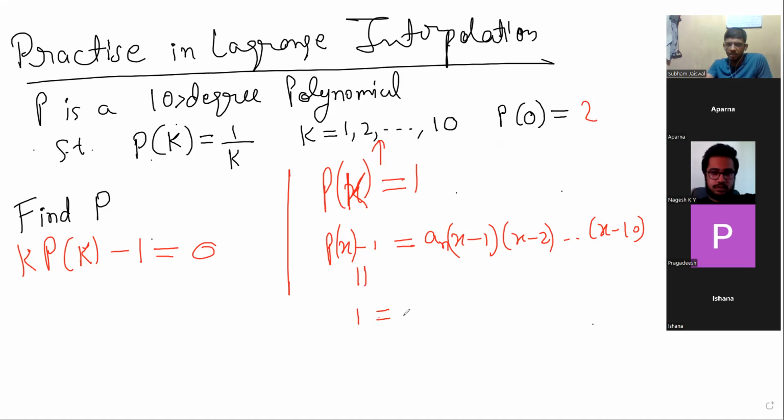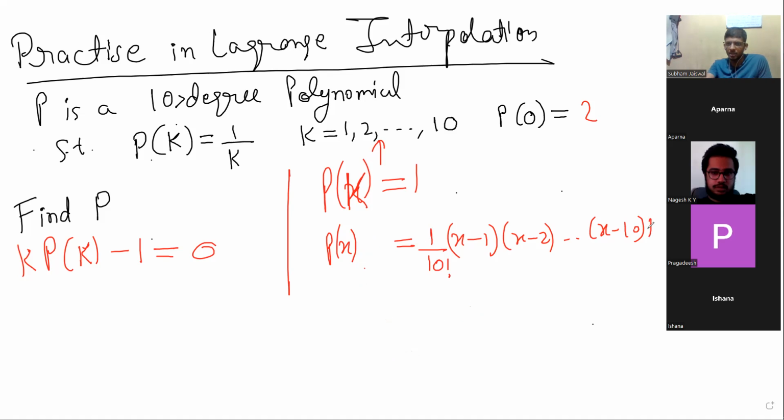And then what do you get? You put 0 in these just to find the a_n, that's all. 10 factorial, and so a_n is 1 by 10 factorial, and that's it. You get P(x) minus 1, and so P(x) is just 1.